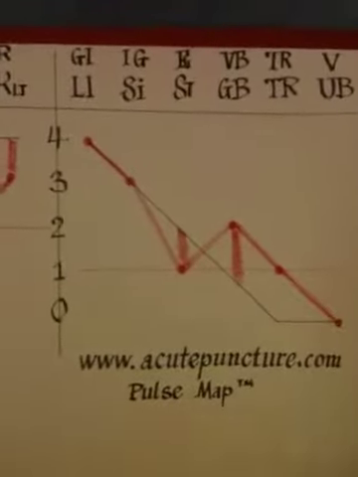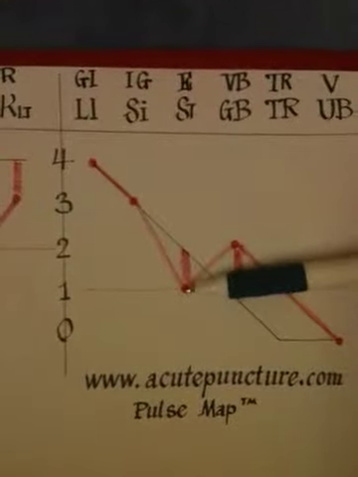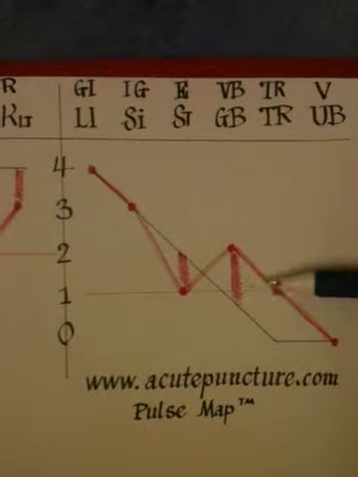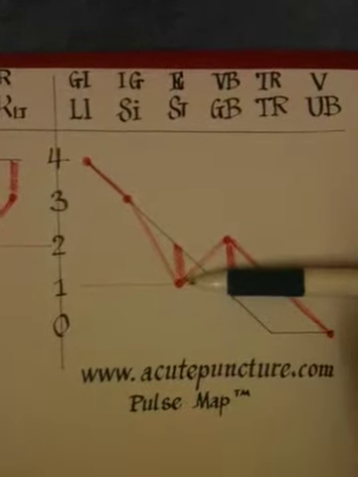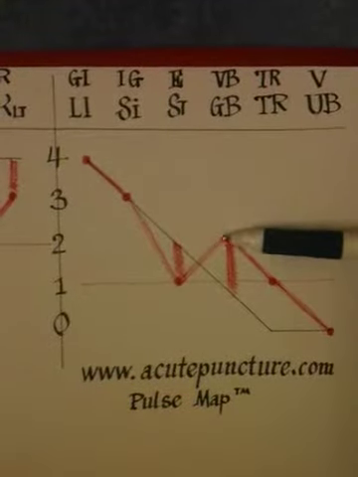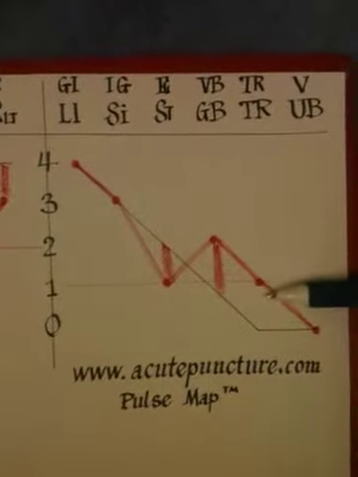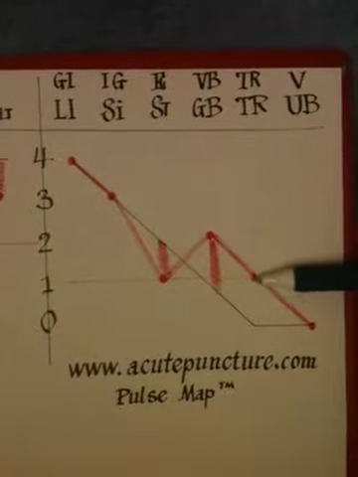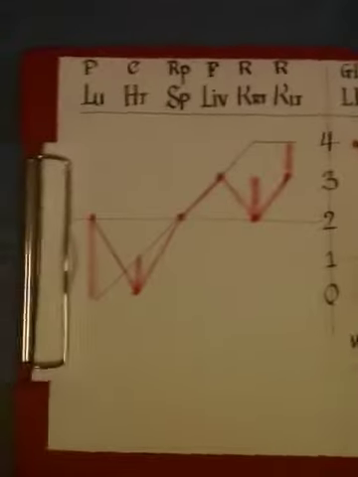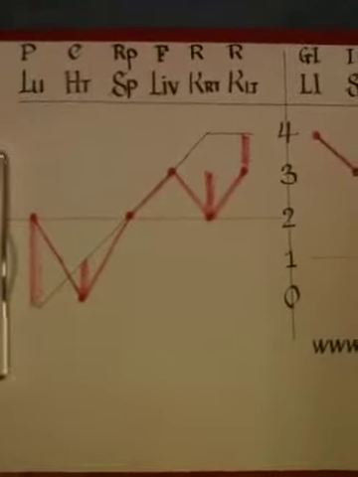In the Fu organs we can see the stomach on the level of the gallbladder, the gallbladder on the level of the stomach, and Sanjiao, triple warmer, on the level of the gallbladder. So what does it tell us?